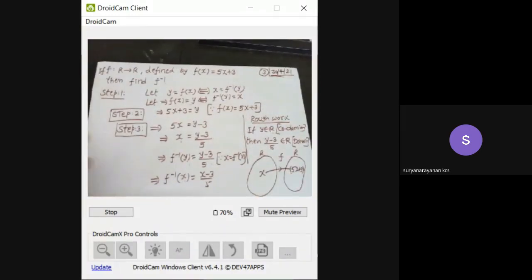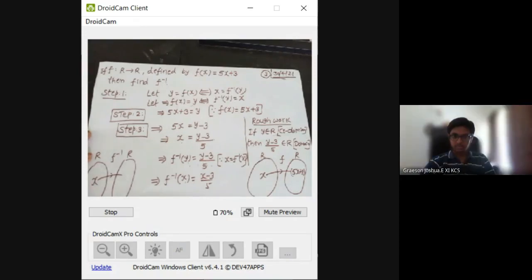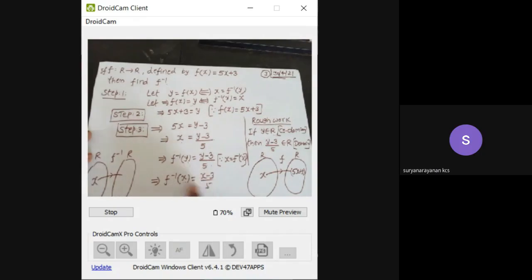In the reverse order, f inverse: suppose x is there in the domain of f inverse. Then what is its image? So (x minus 3) by 5. Yes, see here, (x minus 3) by 5.